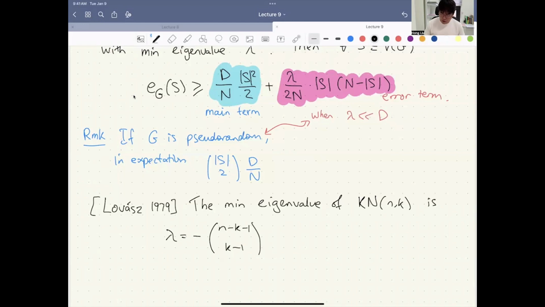Okay, you can rewrite this as negative k over m minus k times the degree D.